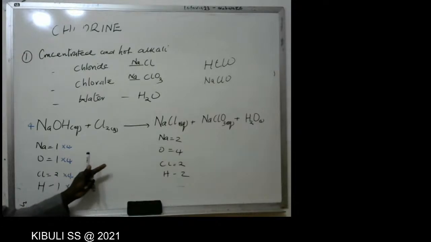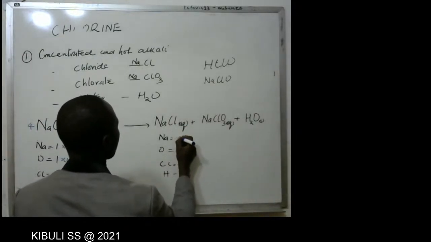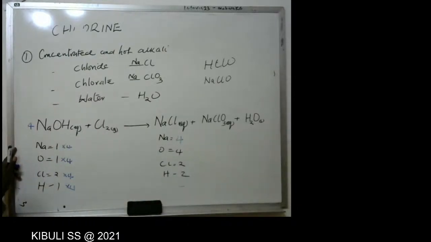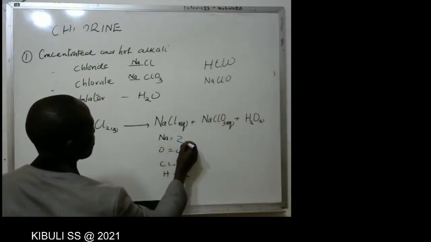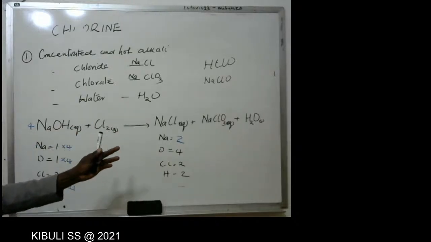So what do we obtain this way? These are going to be how many? 4. Are we there? No, they can't be 4. This time how many are these ones? 2. They are only 2 this way. Here they are 4, the other side they are 2.